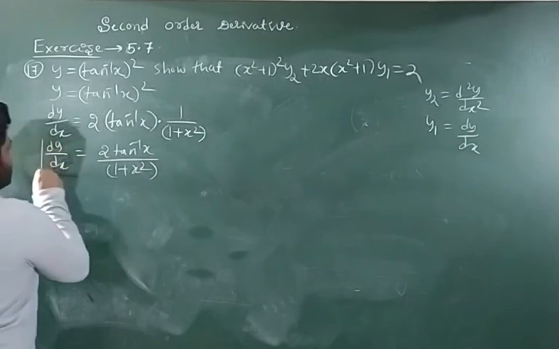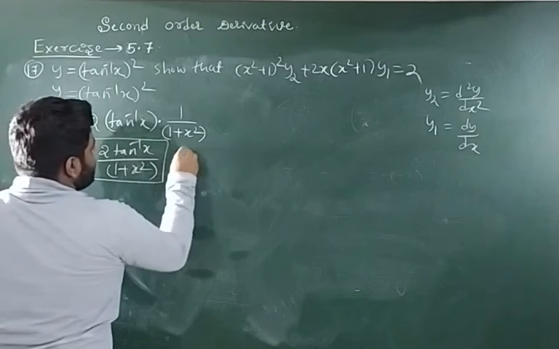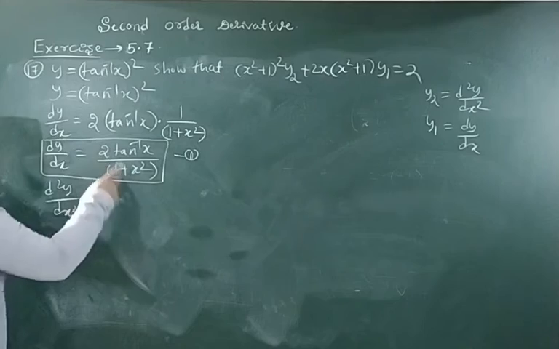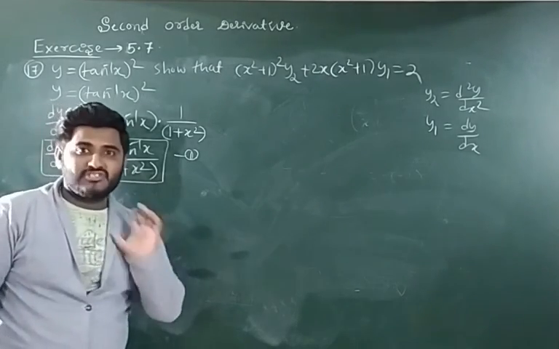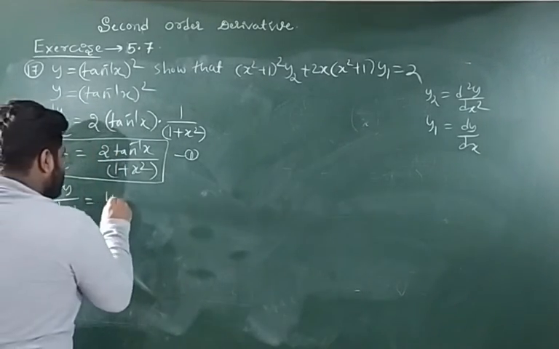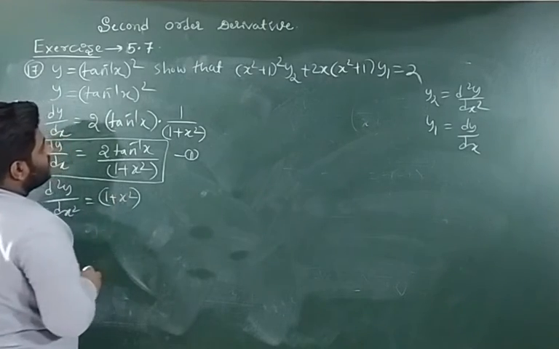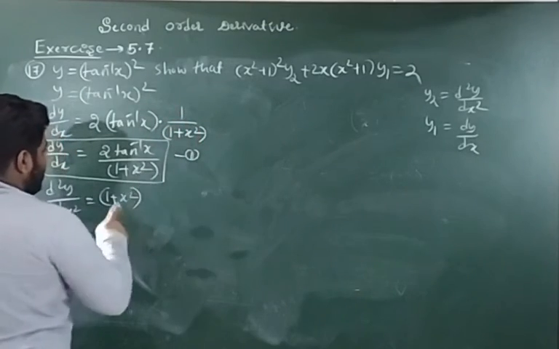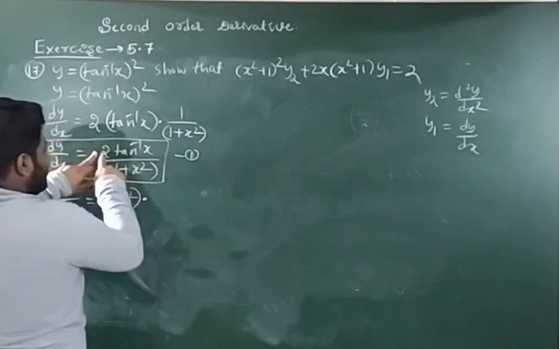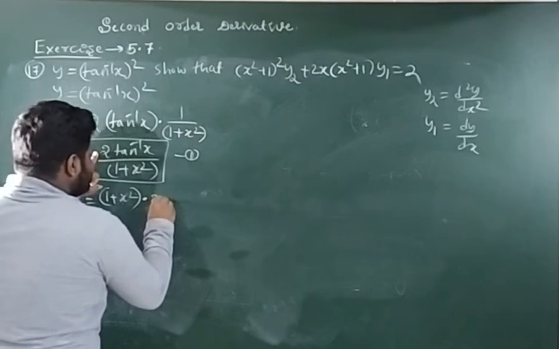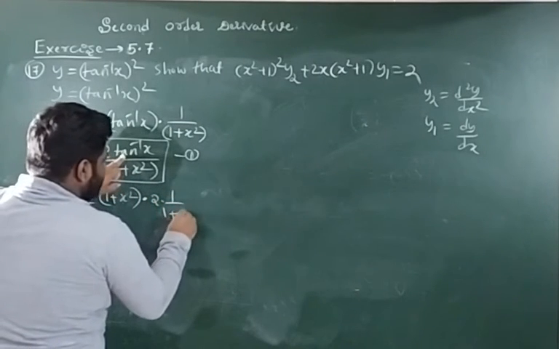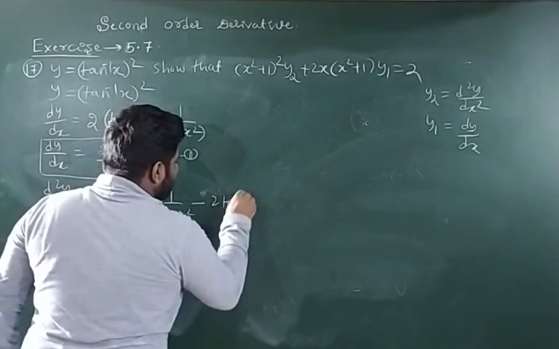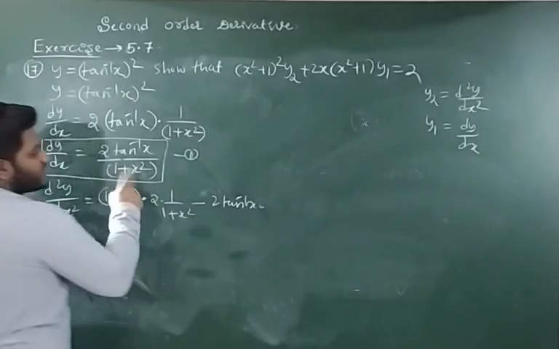Let us take this as equation number 1. Again differentiate. So d square y by dx square is equal to, here we must apply the quotient rule. Denominator as it is, 1 plus x square. Derivative of numerator: differentiation of 2 tan inverse x is 2 into 1 divided by 1 plus x square, minus numerator as it is, 2 tan inverse x, into the derivative of the denominator.